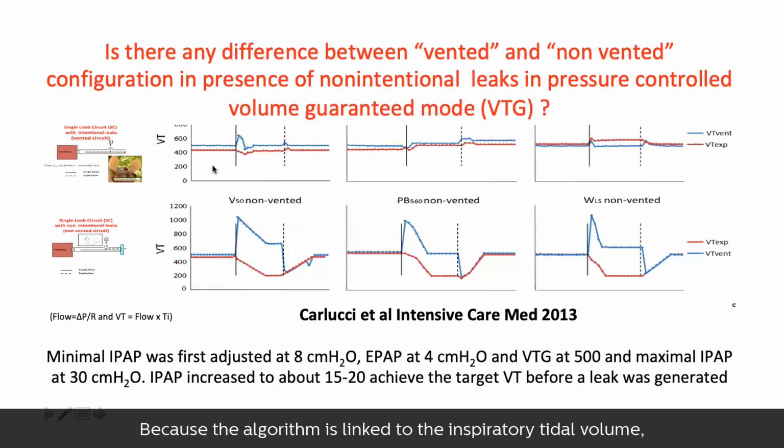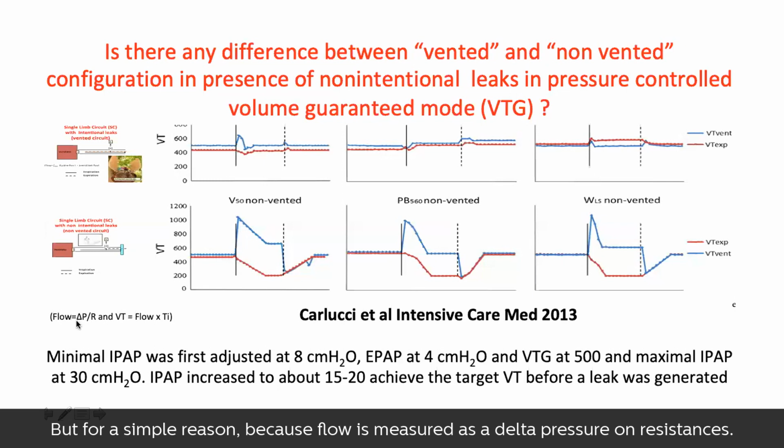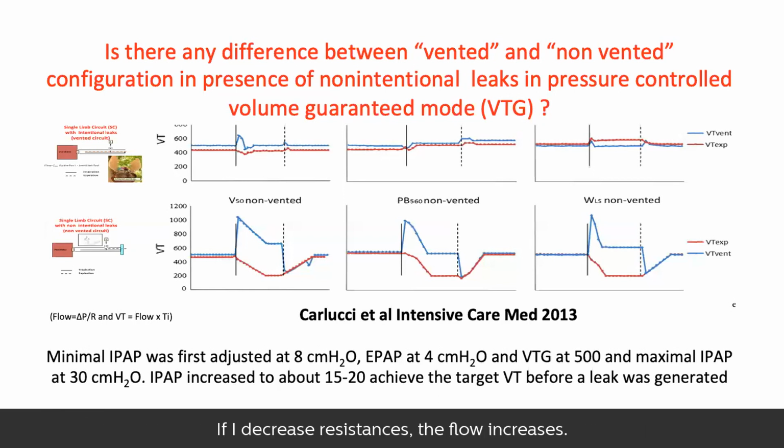And because the algorithm is linked to the inspiratory tidal volume, you can see the pressure drops. But for a simple reason, because flow is measured as a delta pressure on resistances. If I decrease resistances, the flow increases, and because tidal volume is flow over time, I read a higher inspiratory tidal volume, but unfortunately a lower expiratory tidal volume.